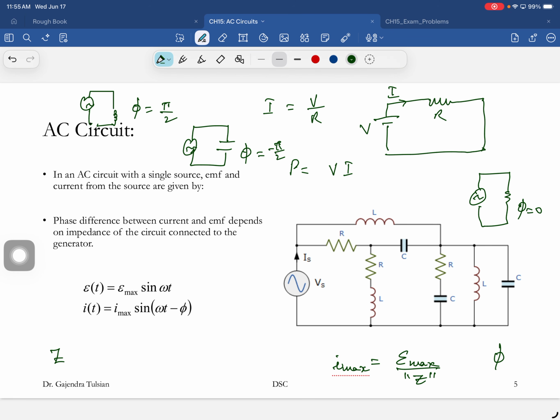So for every circuit, what we want to do is find these two things. That's our goal. What is Z? The impedance of the circuit. Okay, impedance is just a generalization of the resistance. Okay, and what is the power factor?